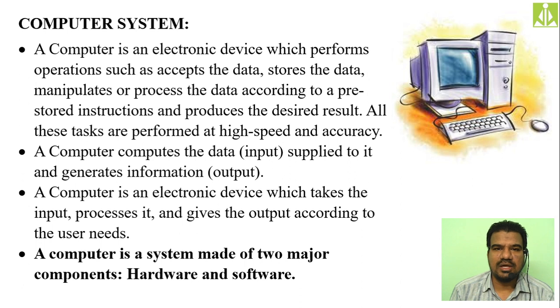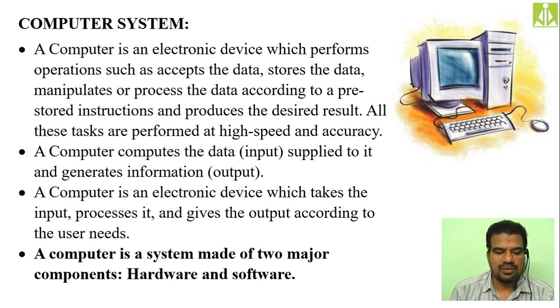In between input and output, whenever we are talking about the processing or the manipulation, it makes use of the CPU. That CPU is the central processing unit, and it in turn has many different components.